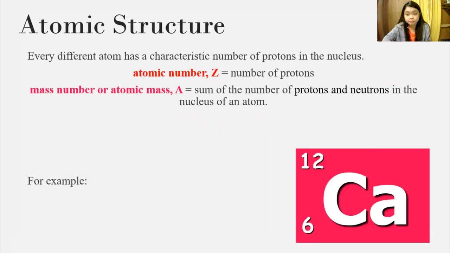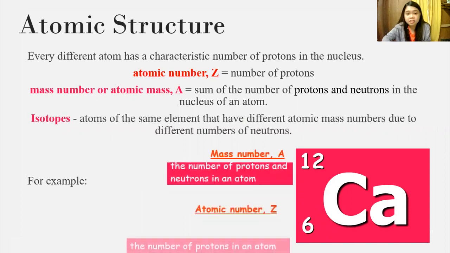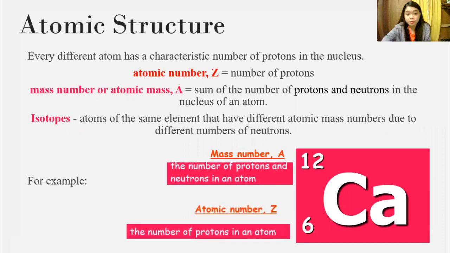For example, we have here an elemental representation of carbon. For carbon, the number 12 here is the number of protons and neutrons in an atom, while the number 6 is the atomic number, or the number of protons of a carbon atom.